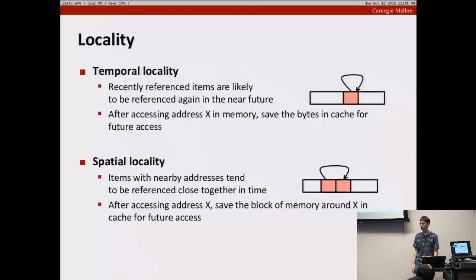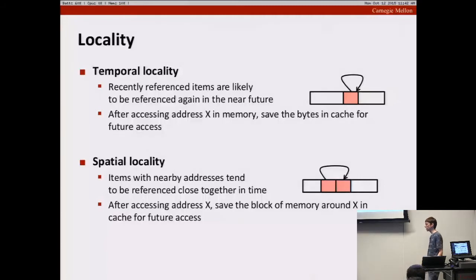These are two different types of locality, named temporal locality and spatial locality. Temporal locality is accessing the same data again in the near future, and spatial locality is accessing nearby data in the near future.